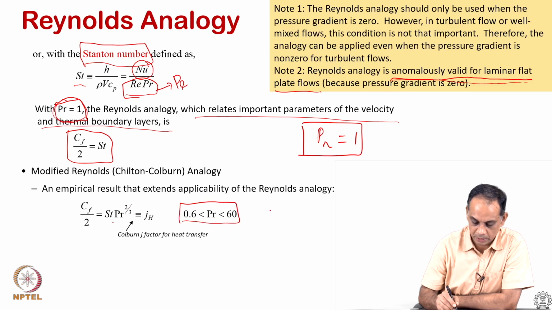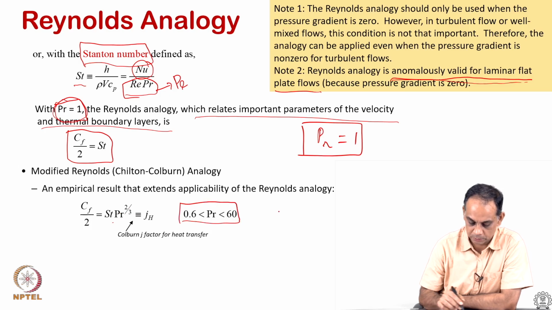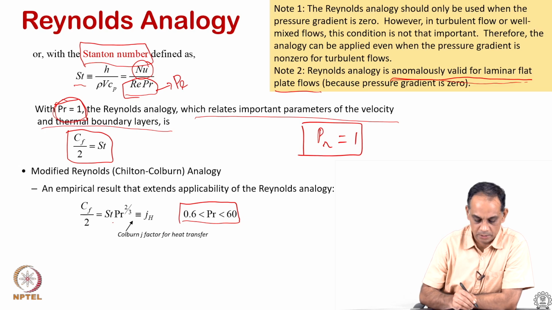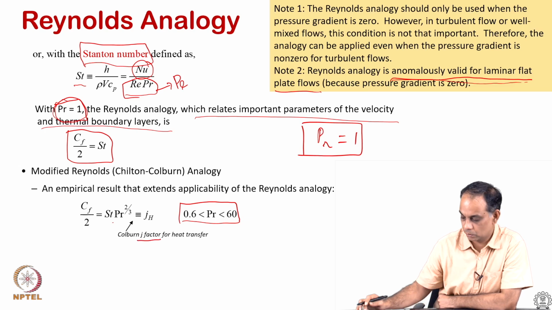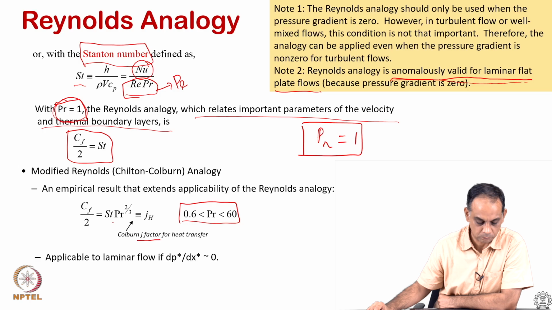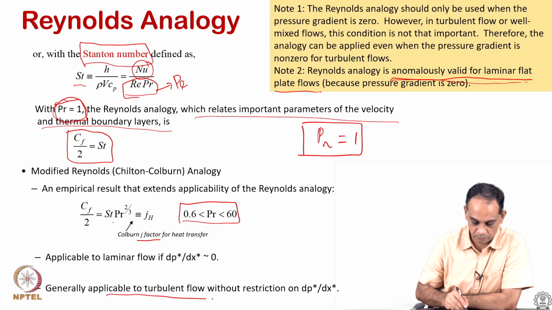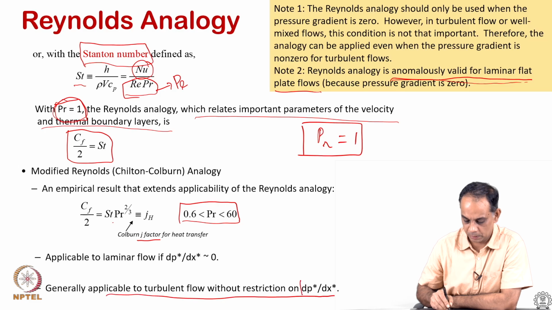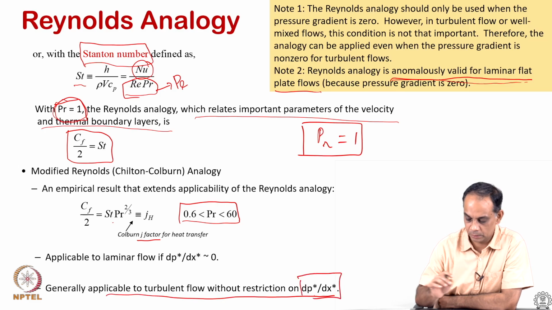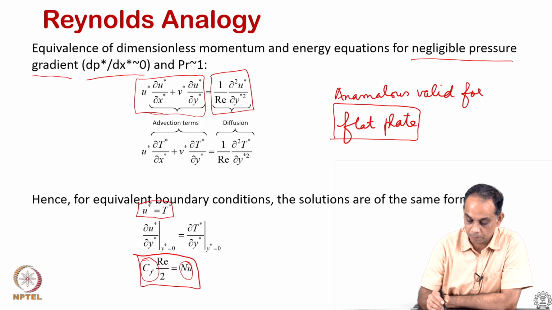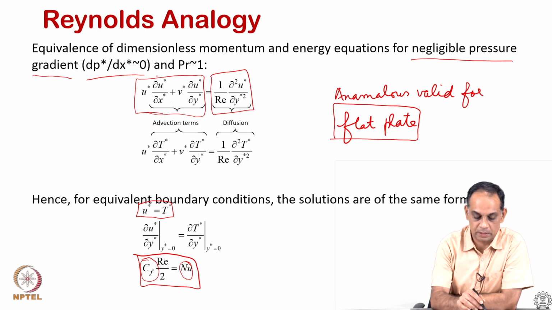As you can notice, it is not valid for Prandtl numbers around 0.6, which is roughly the Prandtl number for all the gases. This is called the J factor, the Colburn J factor. Again, this is applicable to turbulent flows without restrictions on dP by dx. In the flat plate case, it turns out that the pressure gradient happens to be negligible. Only in such a situation does this happen to be true.